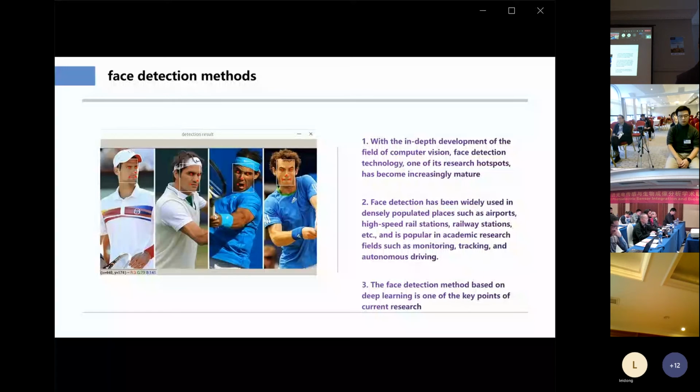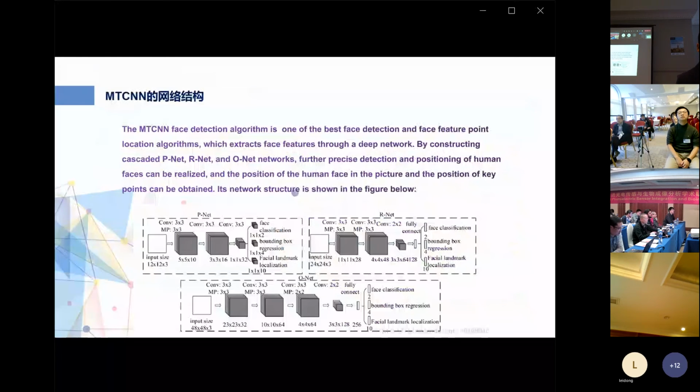The face detection method based on deep learning is one of the key points of current research. The MTCNN face detection algorithm combines face detection and face feature point location, and extracts face features through a deep network of cascaded PNet, RNet, and ONet networks.